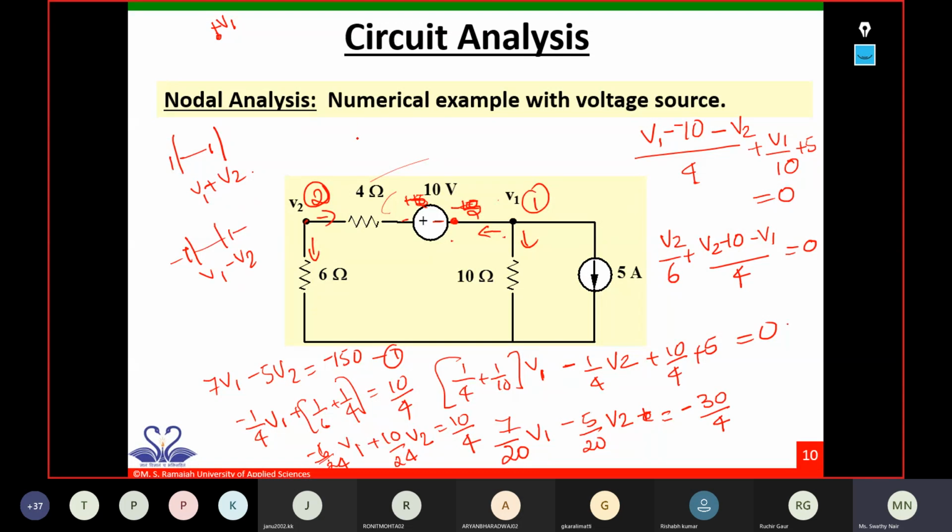So second equation you got as minus 6 V1 plus 10 V2 equals 60. Is this correct? Actually, ma'am, sign has to be different because you have taken 10 by 4 is equal to positive.